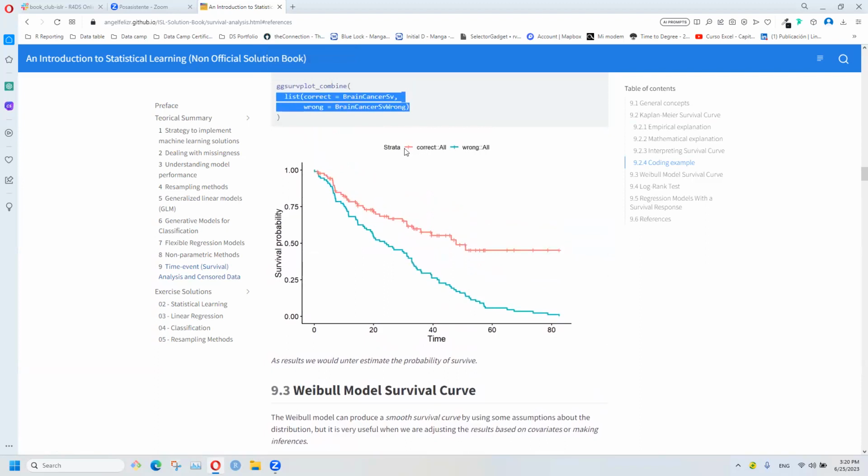As we can see, the correct one has a greater probability to survive, and the other was wrong because it was assuming that the censoring times were all event times. So yeah, the gap is really big.